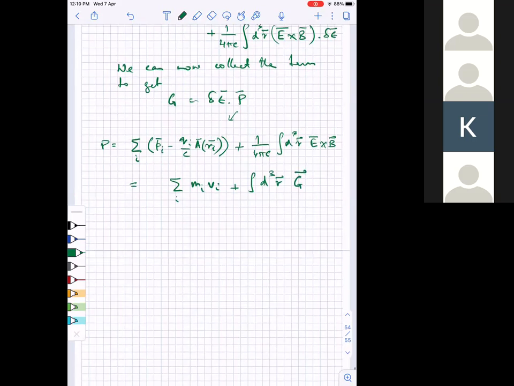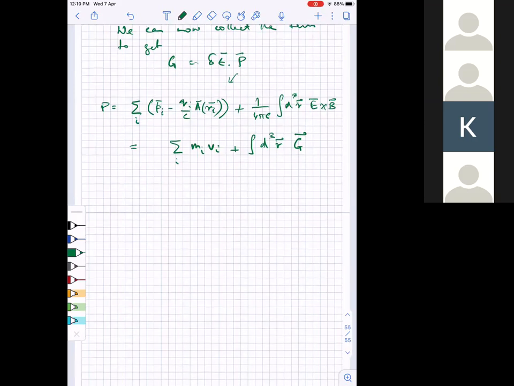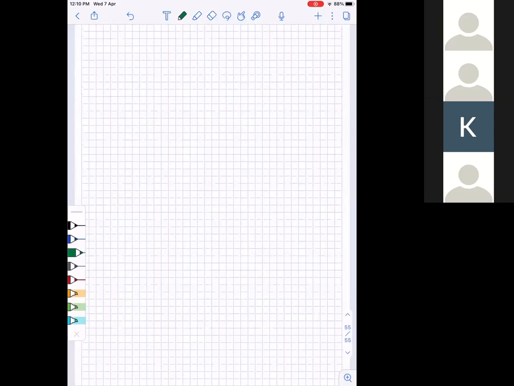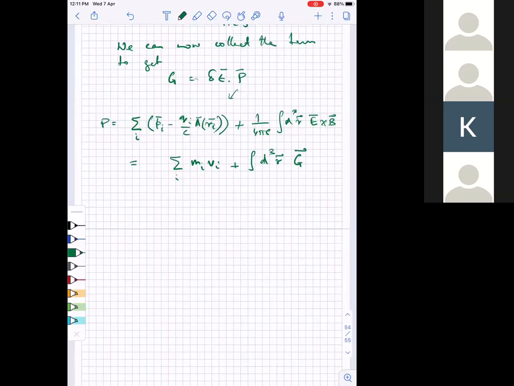So what is this G? In ED1, you must have seen this G, right? Pointing vector. No, this is the momentum density. This is the momentum density. Okay.